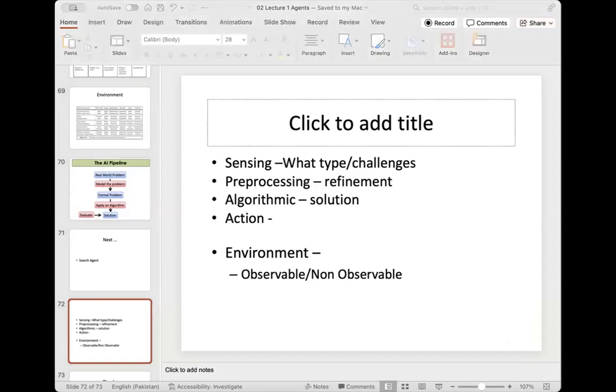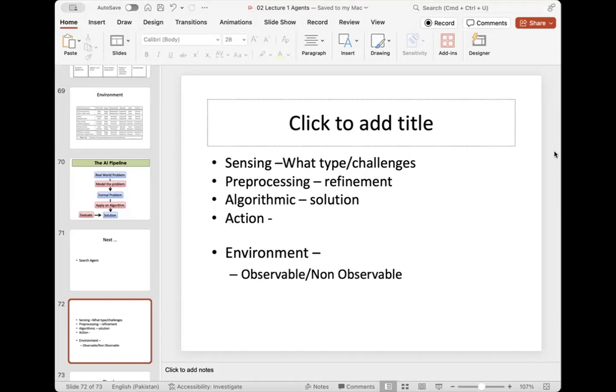Let's say you are moving on a road. If the car is moving straight on the road, there is no turn. You can observe along the length of the road. Everything can be observed. But if there is a sharp turn and you can't see on the other side of that turn, of course, that becomes non-observable to you.